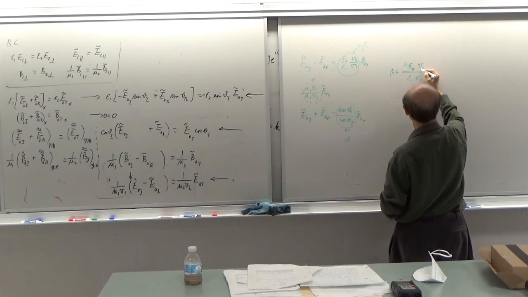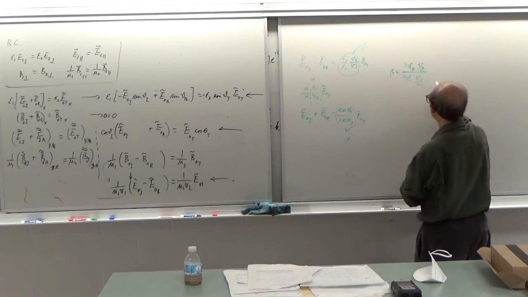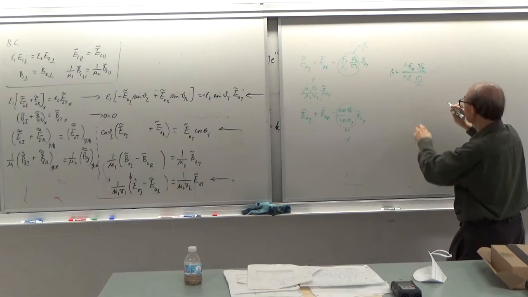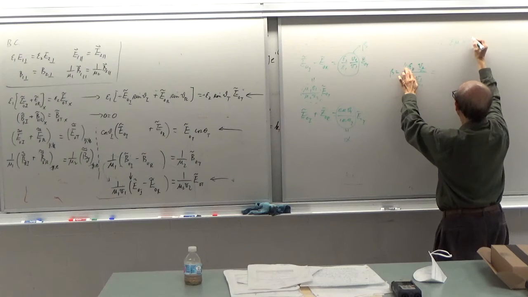And here, multiply by mu 1, then divided by mu 1. The reason I'm doing this is that, remember, epsilon mu, the product, is given by 1 over the speed of propagation squared.